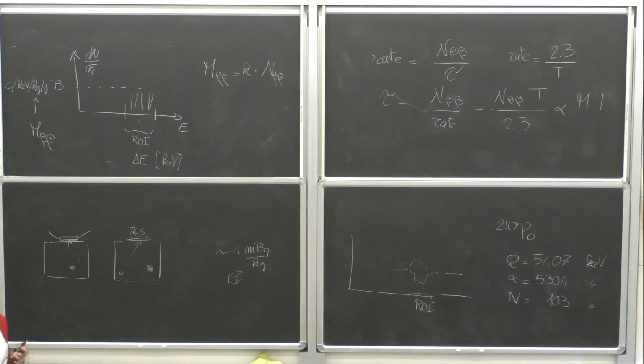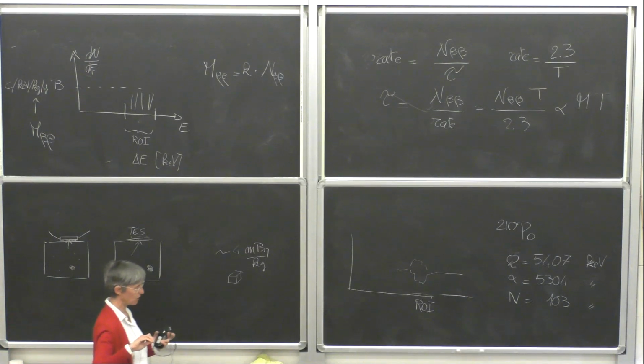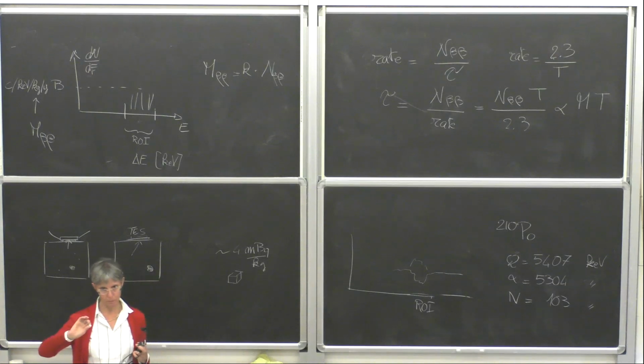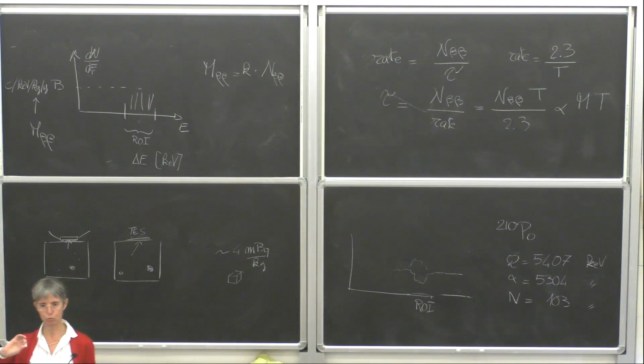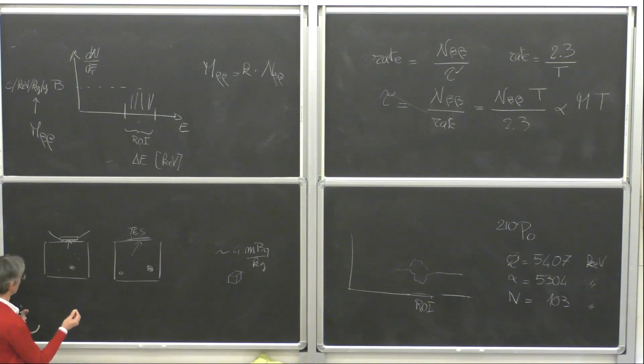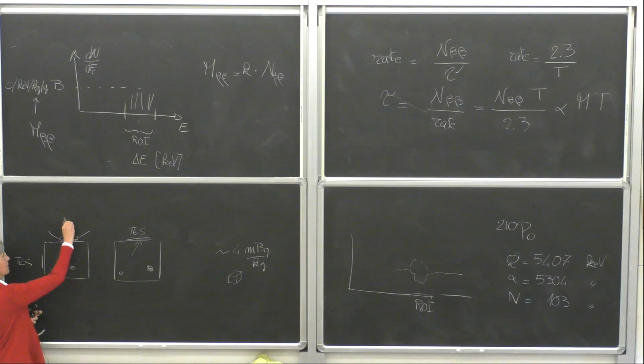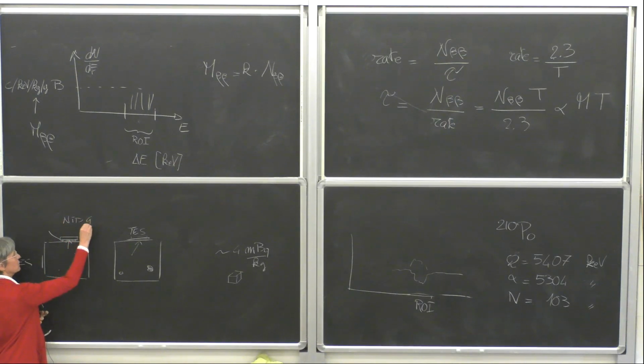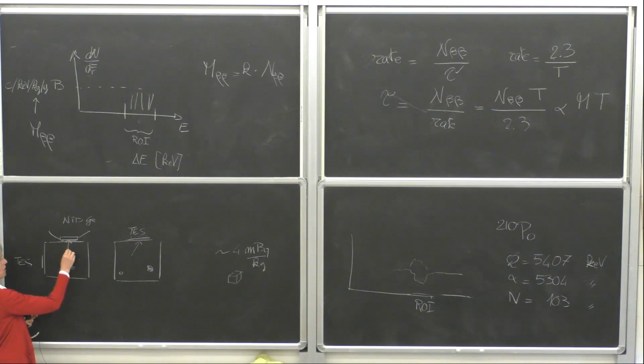For example, when I discussed this morning the problem of pile-up in our detectors due to the 2 neutrino double beta decay, in principle, what I could consider, it's not feasible for several reasons, but I could add a TS here, next to my NTD germanium thermistor, which has a slow thermal signal, and there I measure the energy.